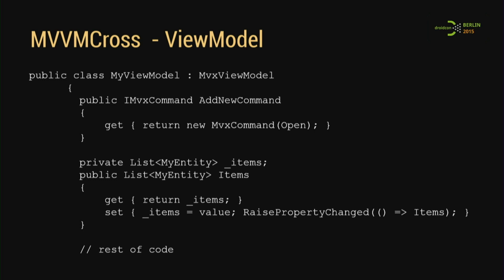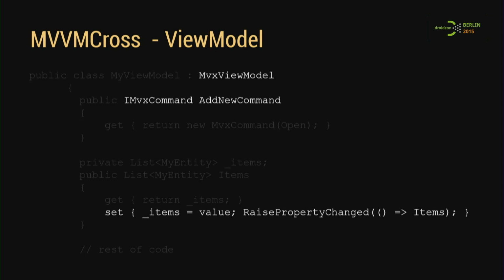But maybe some of you already see this: when we set the value on our property items, we are raising a raise property changed event. This event will inform MVVMCross that something was changed in our view model, and MVVMCross will automatically update our view.